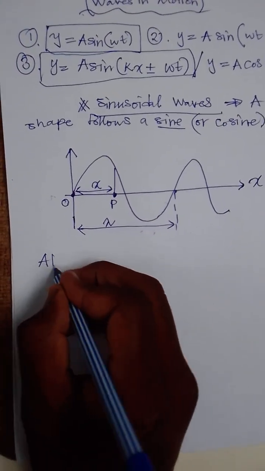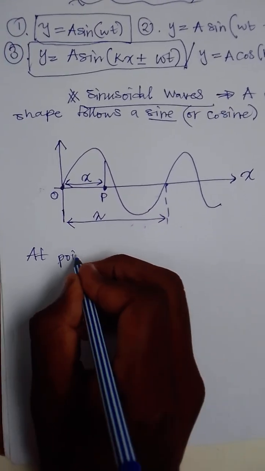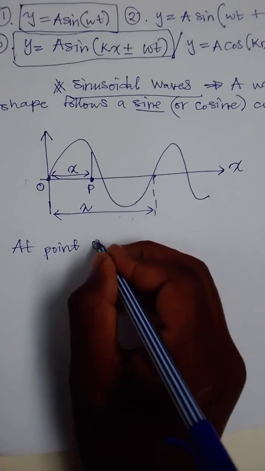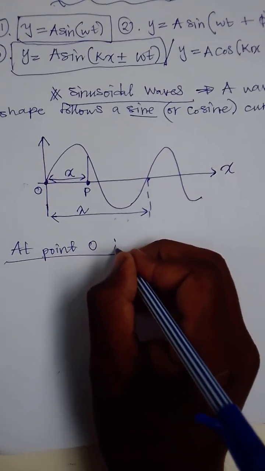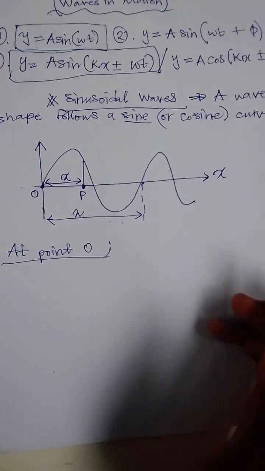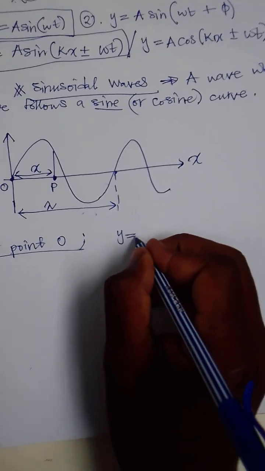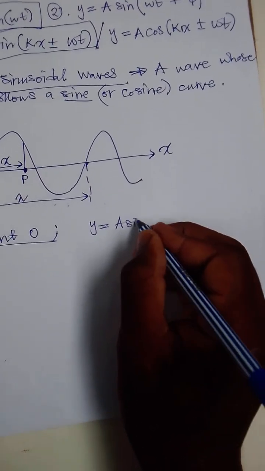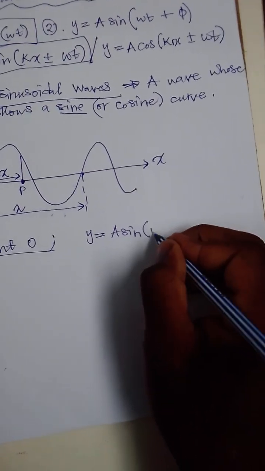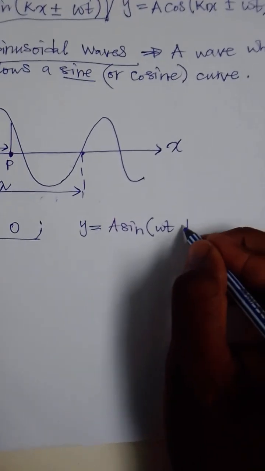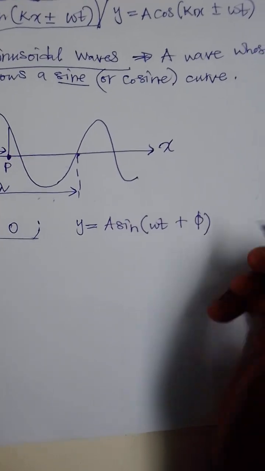So at point O, the formula we use is y is equal to a sine wt plus the phase shift.